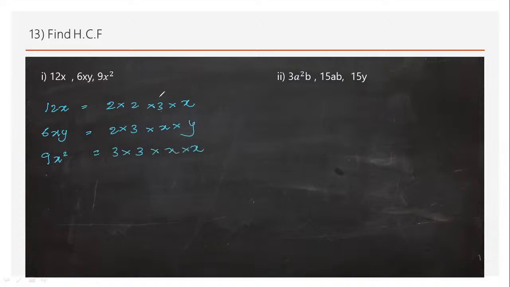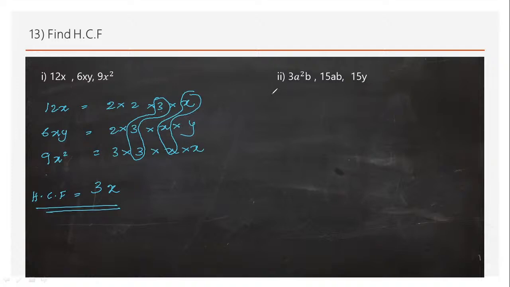Now take the common factor out, this 3 out. Then 3 and x is common, so take the x out. H.C.F equals 3x. We have to find the highest common factor. Highest common factor is 3x here.